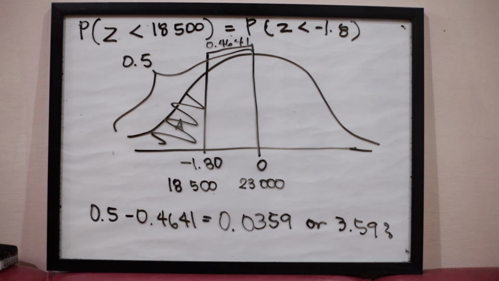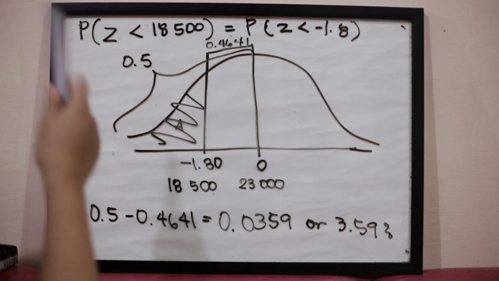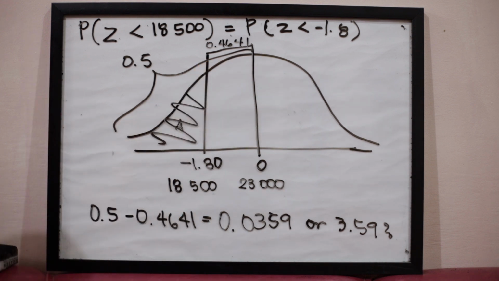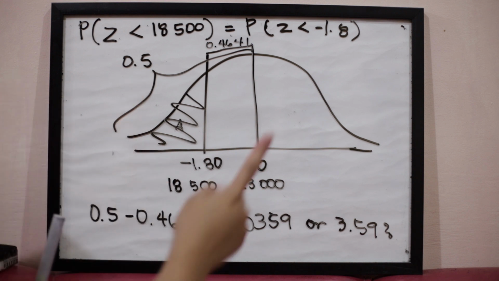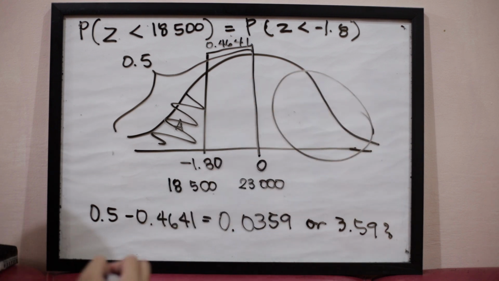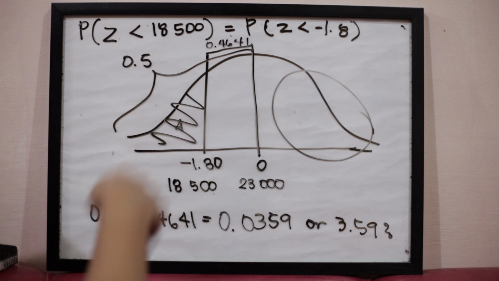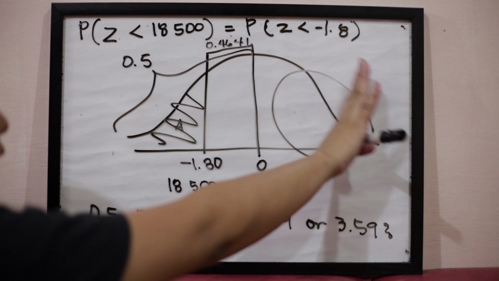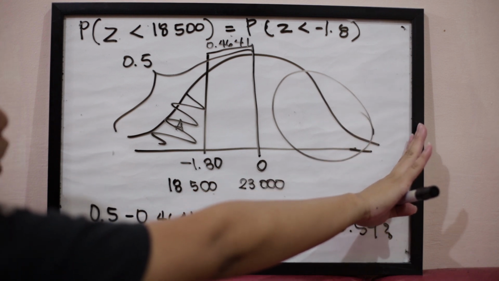Now, ma'am, if you will ask me why we don't subtract 0.4641 from 1? Because if you subtract from 1, you have to take note that 1 represents the entire normal distribution. Should we include this part? Is this concerning the shaded region? No, it isn't, right? So, no need to include that one. You disregard this half side of the normal curve.